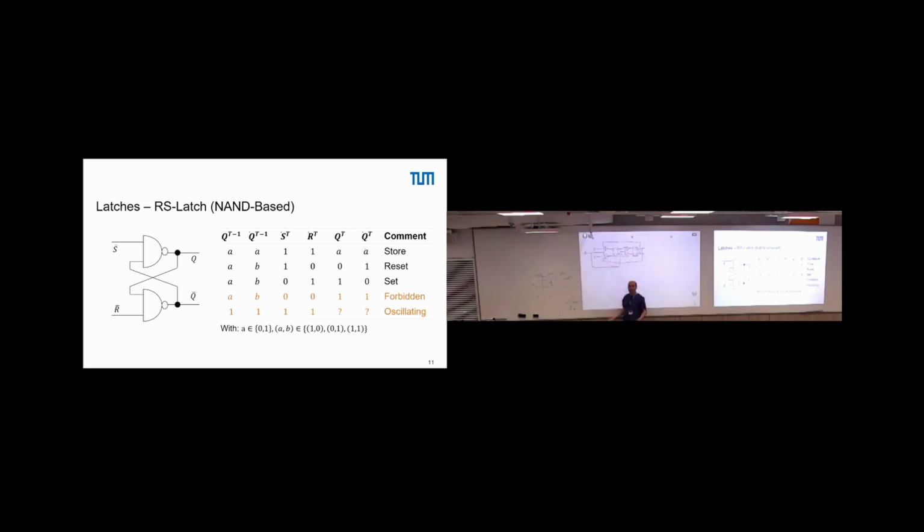So we violate the setup time. We have too short time to modify this internal node in order to have the correct internal value, because it takes some time until the signal propagates in. Okay? So this is effectively the reason why we have here some setup time.